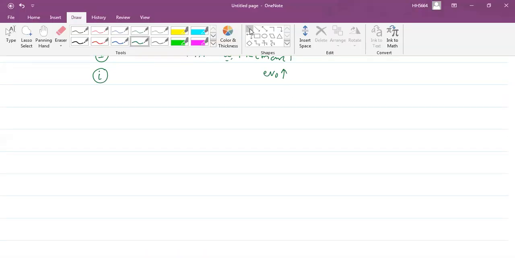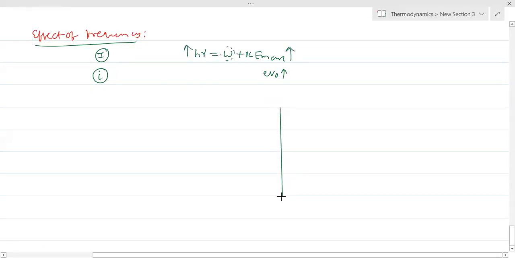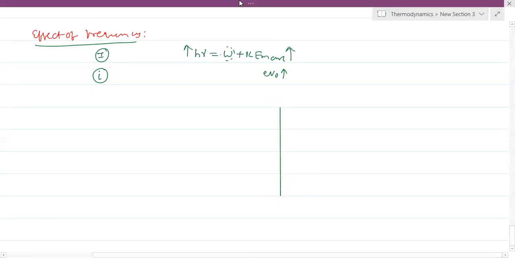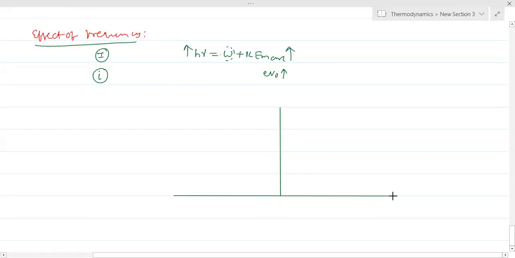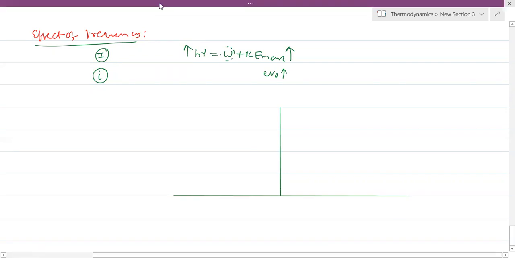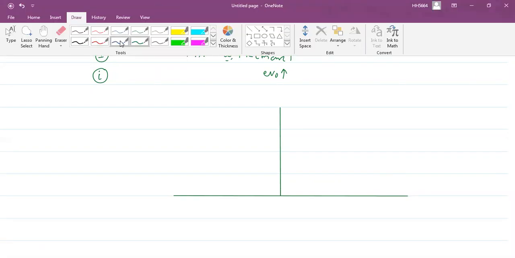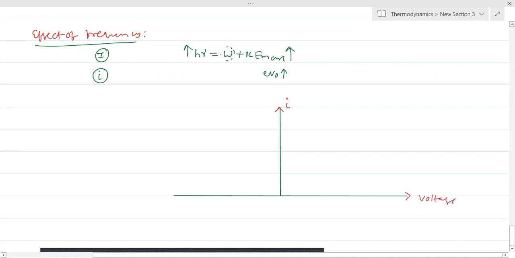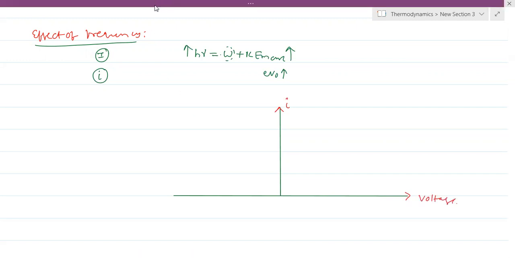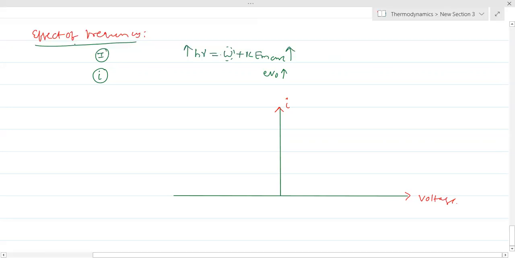For example, I am taking this graph between the current I and the voltage. We treat the intensity as constant, so the photocurrent is constant.